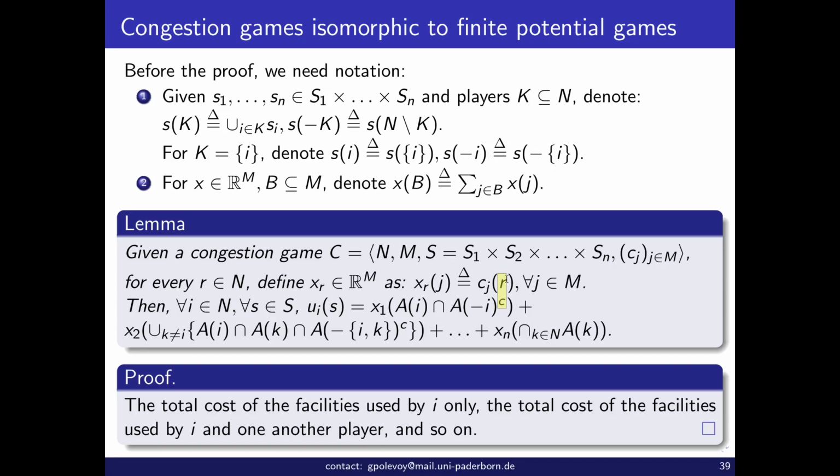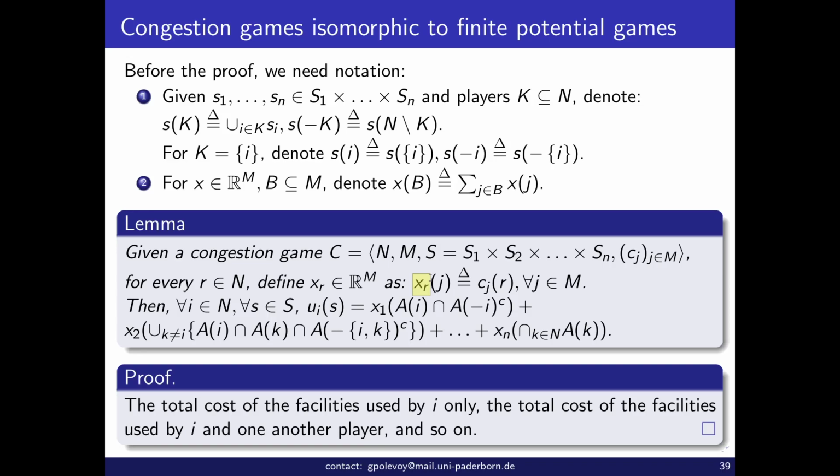So for each facility, we look at what is the number of the users, and X^R, the vector for the number of users R, is the cost vector for each facility, such that the cost vector includes how much each facility costs when R is the number of the users of that facility.